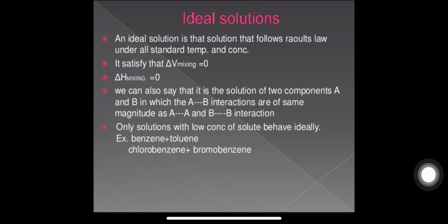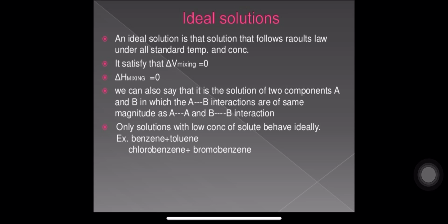Obviously we know that in a solution there will be an interaction, even if we are taking only the components, component A and component B. In component A there is an attraction between A and A. In component B there is an attraction between B and B, right? And when we mix both A and B, at that time also there will be an attraction between them.